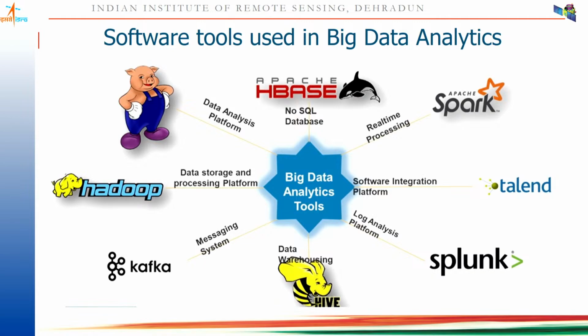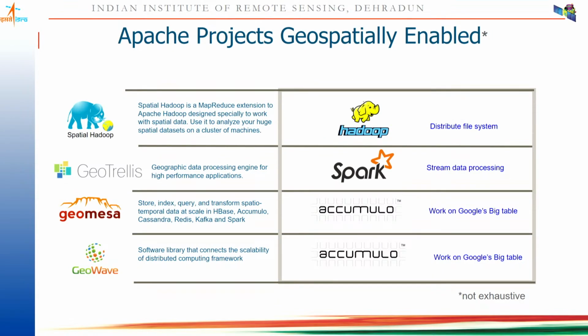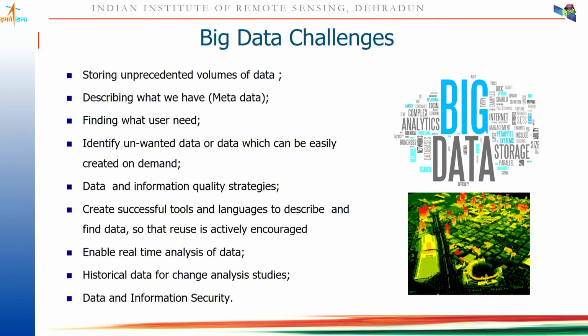All these products are available to deal with your big data or do big data analytics and perform all the analysis I discussed before this slide. These are examples, especially when you're talking about geospatial data. We have Spatial Hadoop, and then we have GeoTrellis, GeoMesa, GeoWave. All these tools are available to apply geocomputation techniques to geographical data.